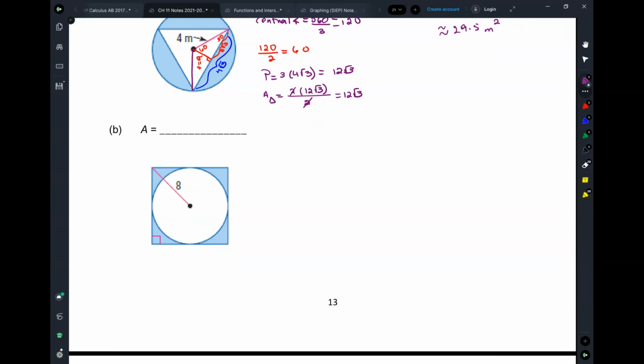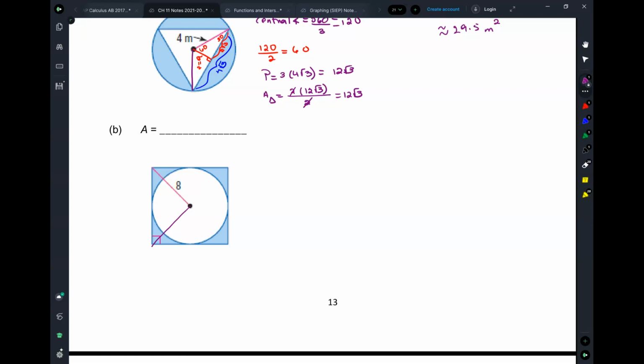All right, so now we've got a square outside, a circle inside, a circle inscribed in the square. We've got an 8. Same exact situation, right? A square is also a polygon, right?